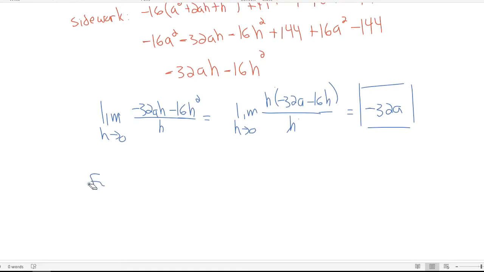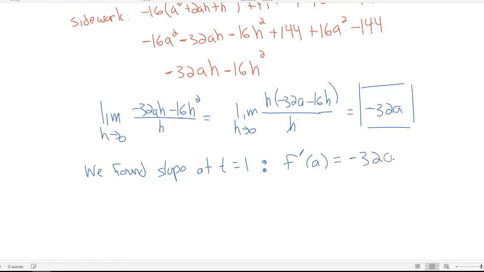Now, if we think back to the first problem that we did, part A, we found the slope at t equals 1 second. So what we have here really is f prime at a is negative 32a. And again, this is for any value of a seconds in this problem. So we had f prime at 1 being negative 32 times 1.